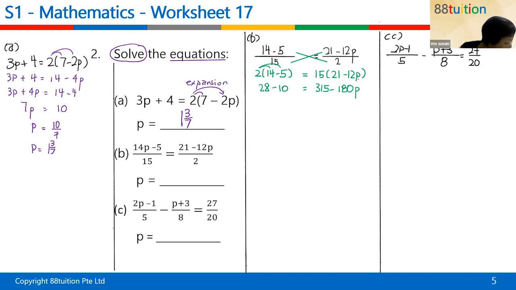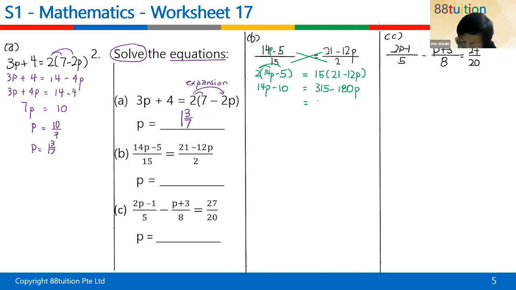Next step. What you can do here is to move. Okay. Wait, 14p. Sorry, there's a p here missing. Let me fill in the 14p. So I'm going to move the 14p, remove it by minus 14p from here.